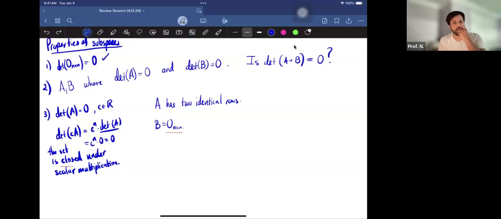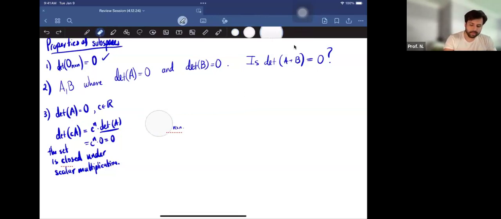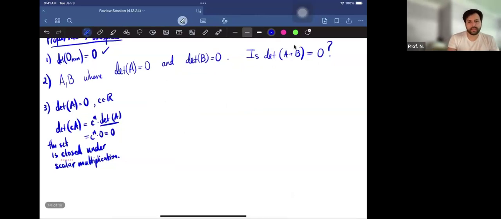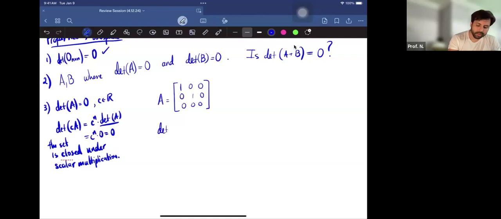Even simpler. There's a simpler counterexample. There's a simpler one. Okay, so I'll just give it to you guys. All right. So let A be this: 1 0 0, 0 1 0, 0 0 0. Isn't the determinant of A 0?